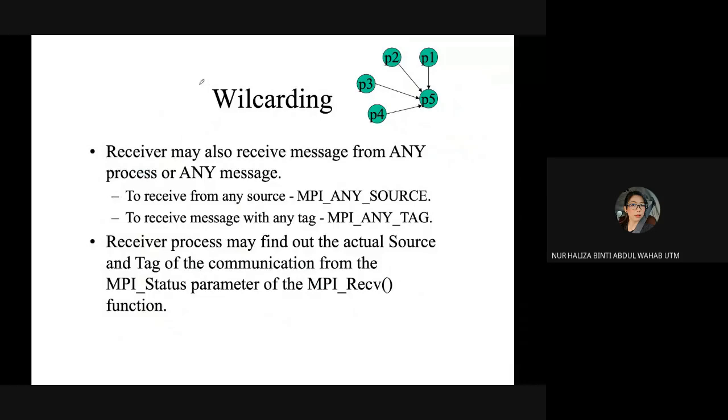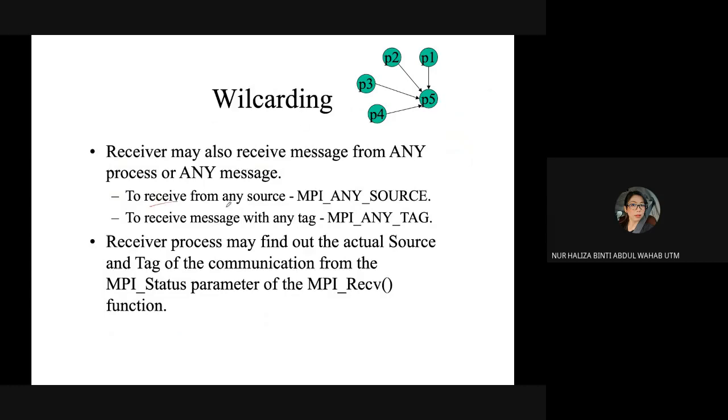Okay, then you're going to learn wildcarding. What is wildcarding? Receiver may also receive message from any process or any message. So you have several processors here. Processor 1, 2, 3, 4, and 5.